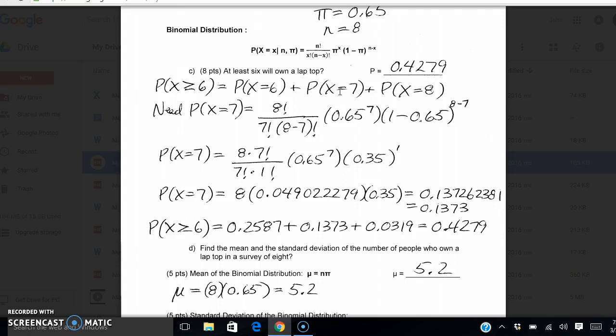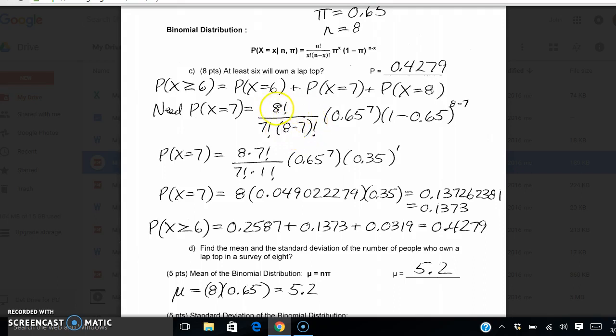So we follow the same procedure that we did before. What we need is the probability of 7 owning a laptop. The n is still 8, so we have 8 factorial on the top of our fraction here. The x is 7, so we have 7 factorial, and the n minus x factorial is 8 minus 7 factorial.